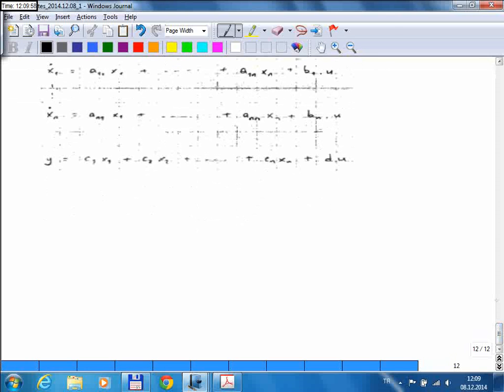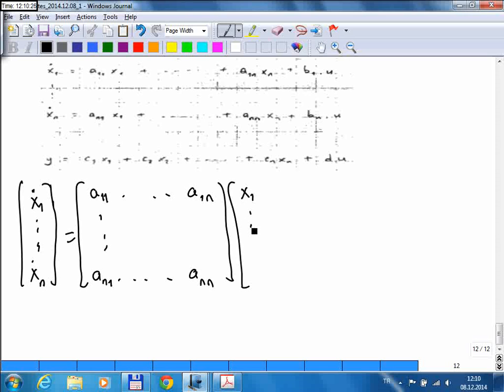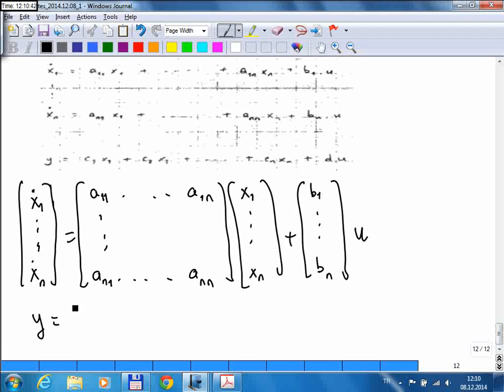Okay, so this can be written in matrix form as follows: x1 dot up to xn dot equals, and so on, times u, and the output should also be a linear function of these state variables and the inputs.